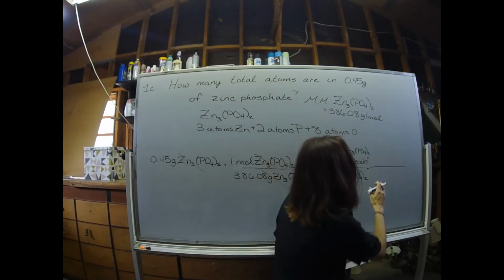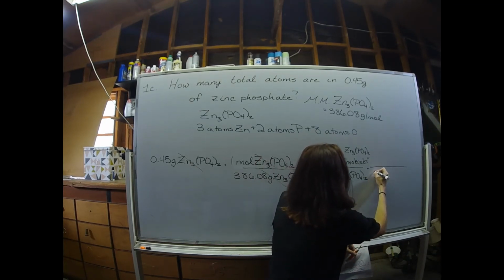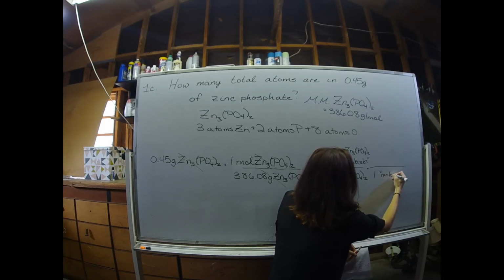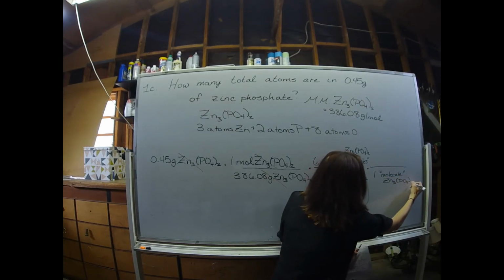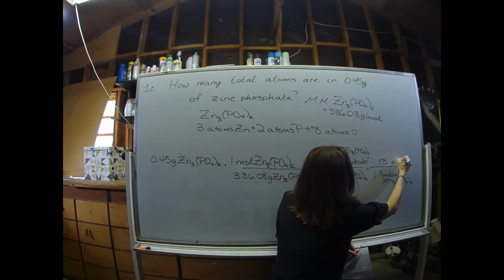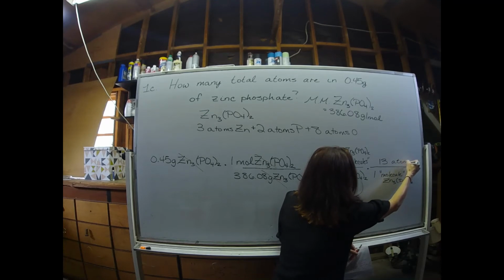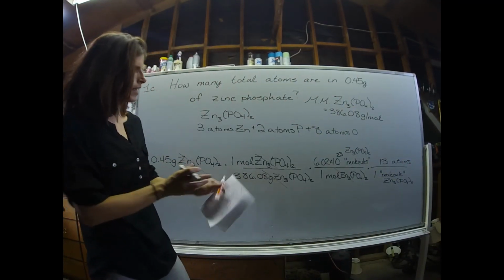So over here, for my last conversion factor, I can say 1, and again I'm using the quotes, 1 molecule of that zinc phosphate has 13 atoms. Let's look at how everything canceled or didn't cancel.